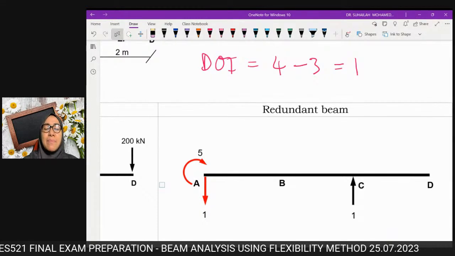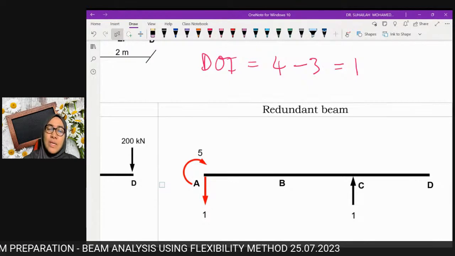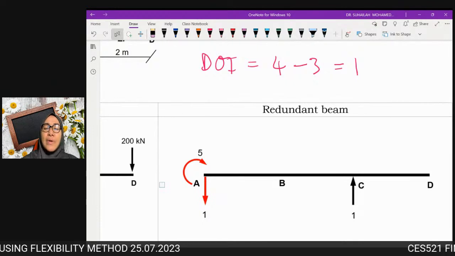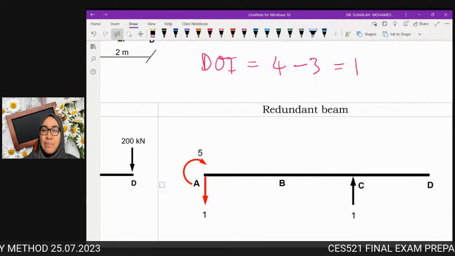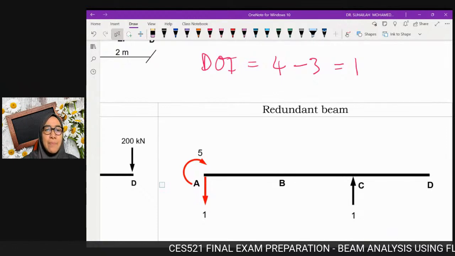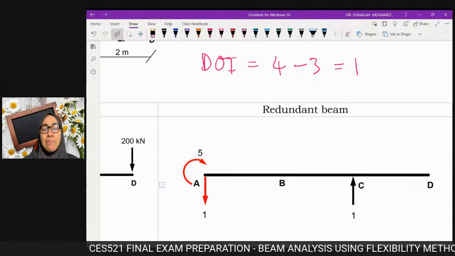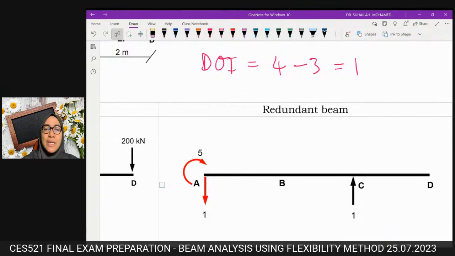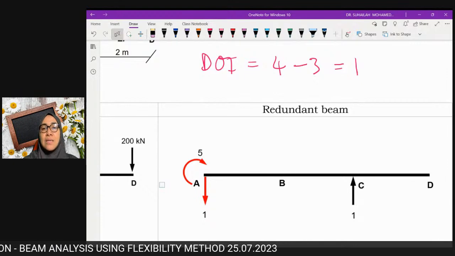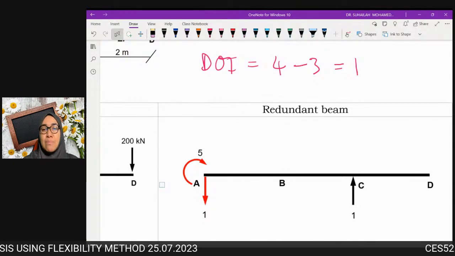The redundant beam will follow the type of the primary beam. If the primary beam is a cantilever beam, the redundant beam is also a cantilever beam. If the primary beam is a simply supported beam, the redundant beam is also simply supported. In this case, the primary beam is a cantilever beam, so the redundant beam is also a cantilever beam.